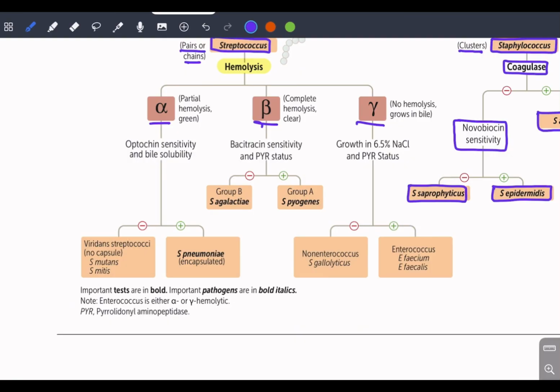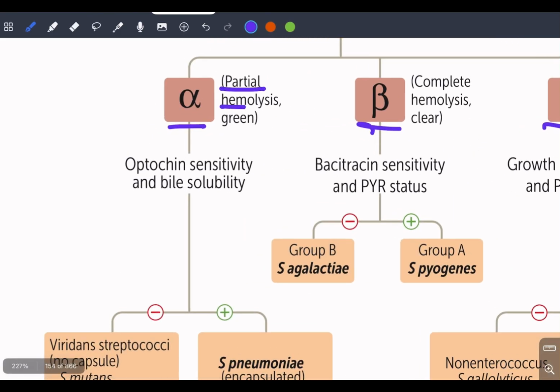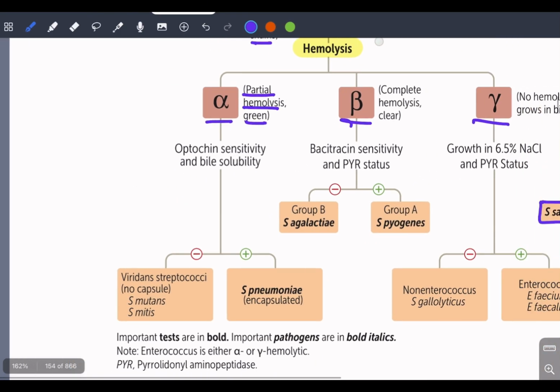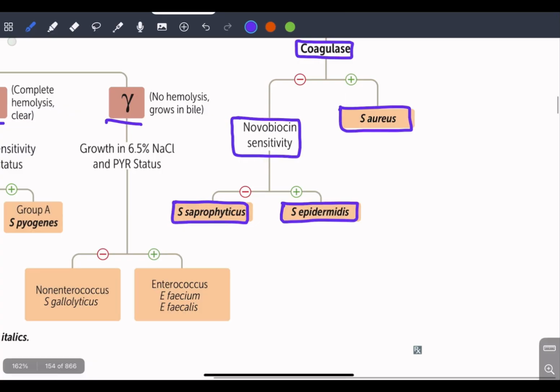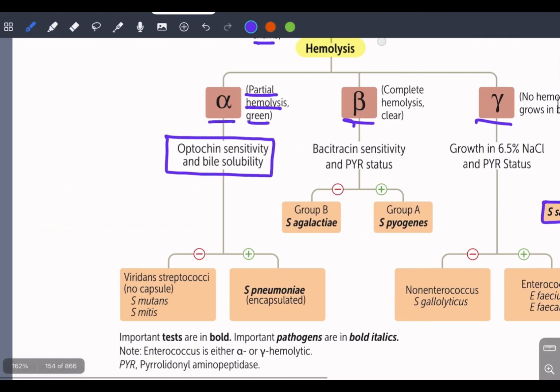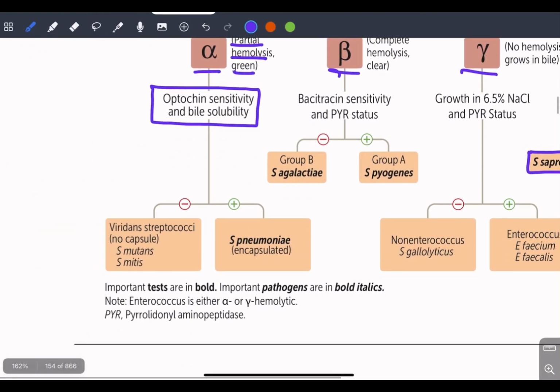If we talk about alpha hemolysis, this is a partial hemolysis and it will give a green color in the media. Then we will do an antibiotic test, that is the optochin sensitivity test, as we do with Staphylococci, where it is novobiocin sensitivity. Similarly, here we do optochin sensitivity and bile solubility. If the bacteria is sensitive, that is positive, it means optochin sensitivity is present.